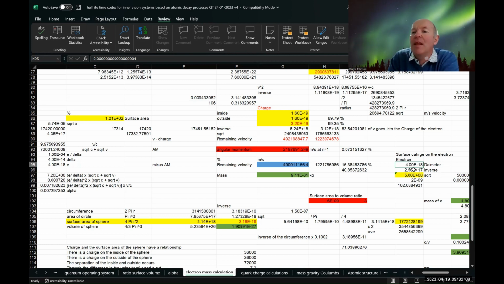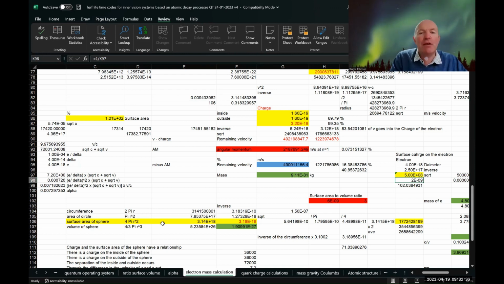I've inverted that to give me 2.5e to the plus 17 meters, taken the square root of that to give me 5e to the 8 meters, and then again inverted that to 2e to the negative 9 meters. So I play around with inverse square law models, and then I've looked at the surface area of that sphere based on the 5e to the 8. That is a relationship to the diameter of the electron through an inverse square law.